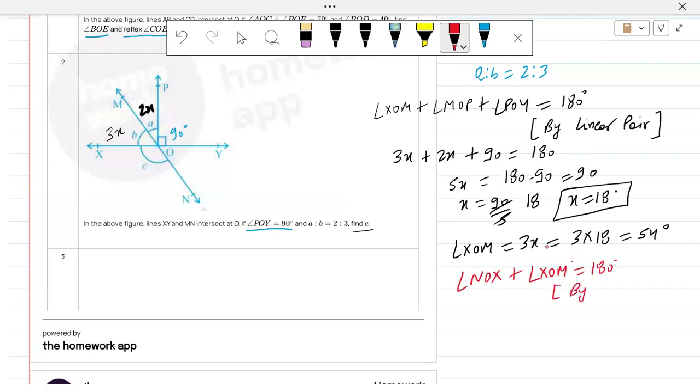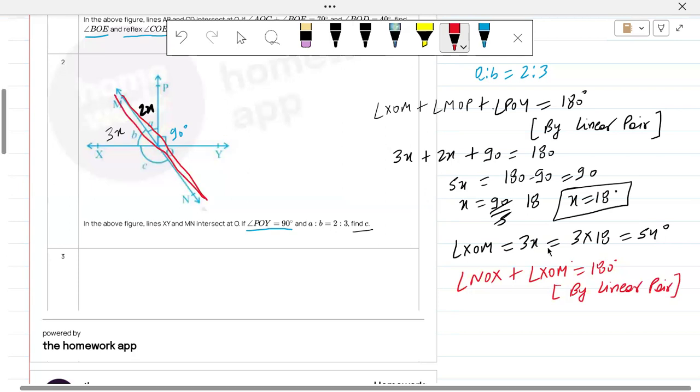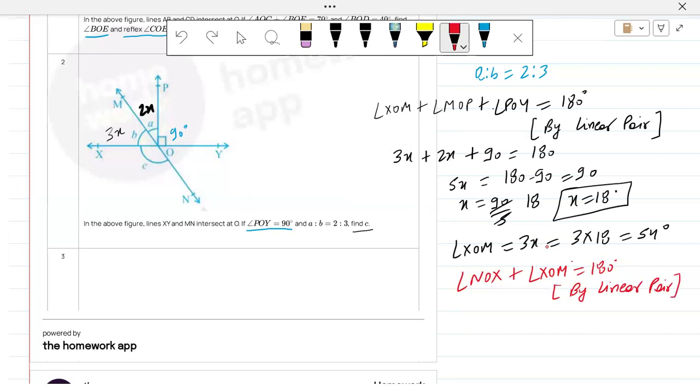Again, by linear pair. Why linear pair? Because MON is a straight line, and if this is a straight line, the sum of all the angles at point O is 180 degrees. That means angle NOX plus angle MOX is equal to 180 degrees.